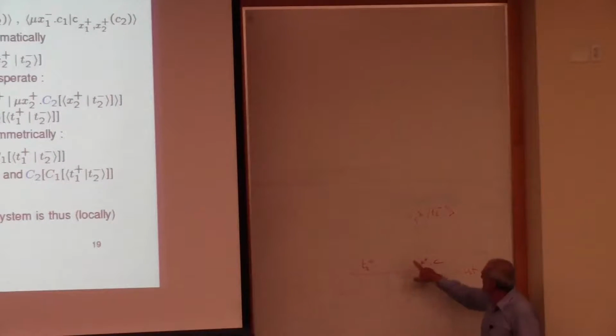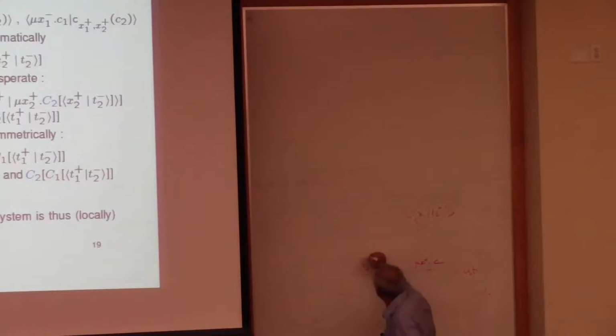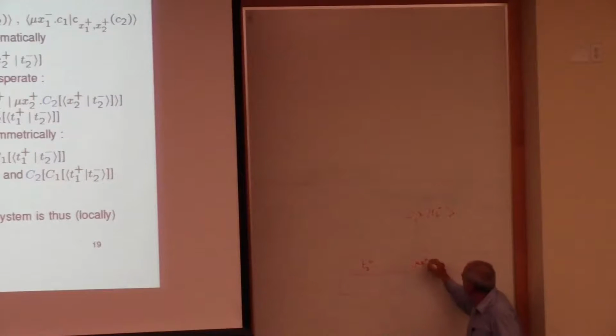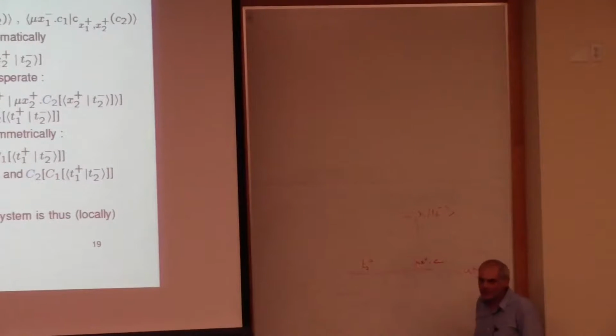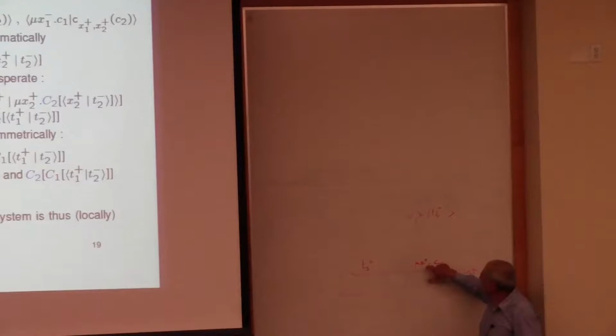Because this formula may have just been introduced right now, we can believe it, but the presence of this mu x plus says that this was done earlier, not exactly there for the other cut formula.